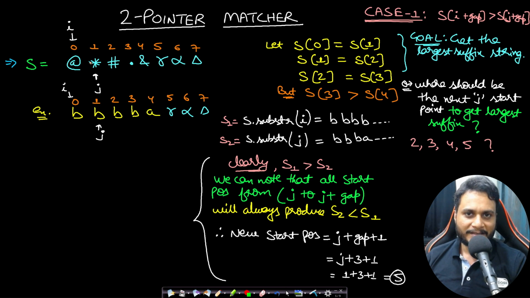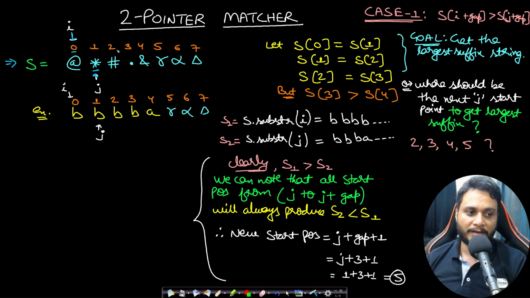There can be 2 or 3 cases that can happen when applying two pointer for finding the largest string. Let's say we put the I pointer at the 0th location and the J pointer at the first location. We will try to match the suffix starting at the ith location and the suffix starting at the jth location. Whichever suffix is larger, that I will try to retain.